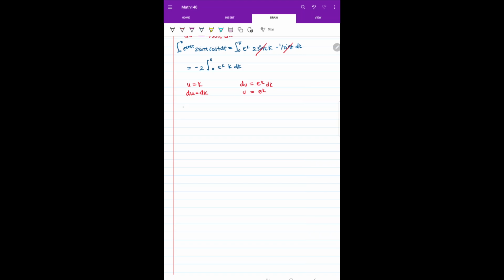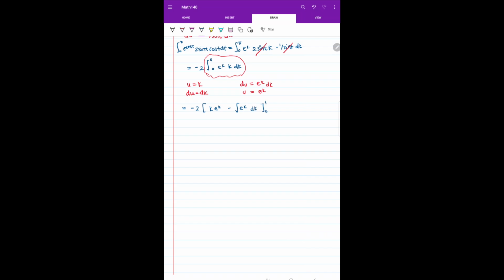Now this is going to be equal to minus 2 times, and now we apply integration by parts for this part. So it says u times v, which is k e to the k, minus the integral of v du, so e to the k dk.